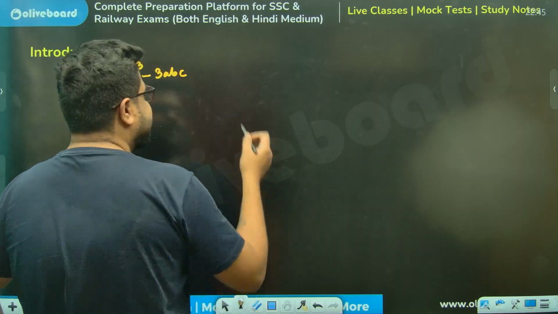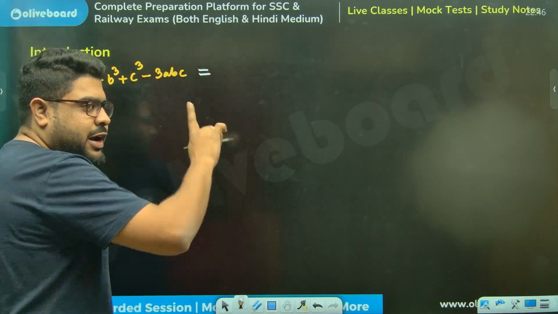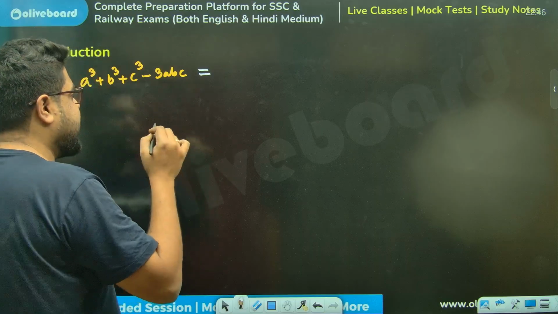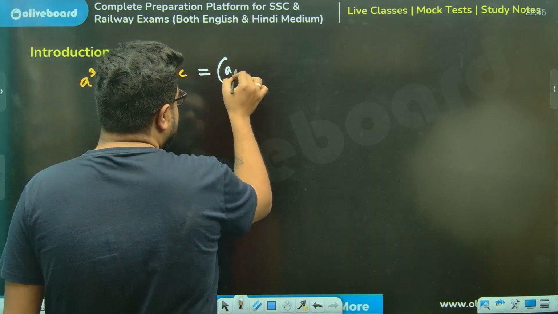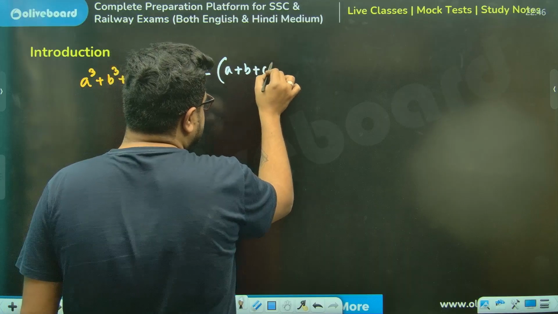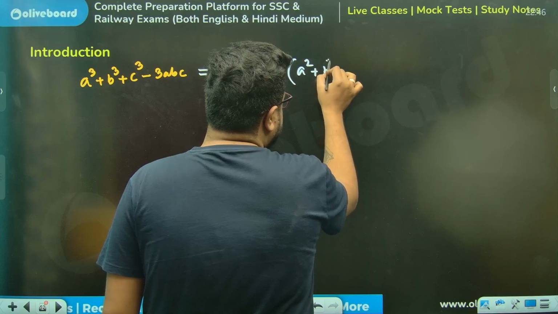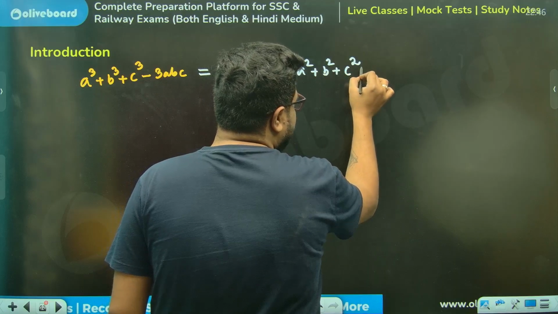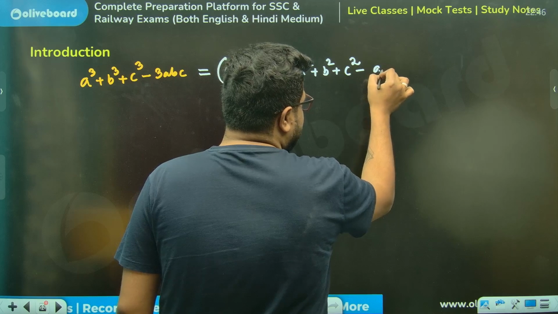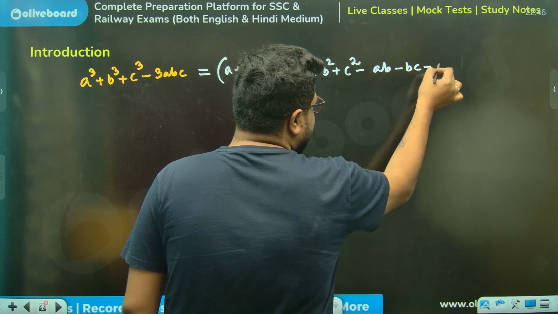Sir, let's see. So there is this formula, only one formula we have to remember. I am writing it down. That is a plus b plus c into a square plus b square plus c square minus ab minus bc minus ca.